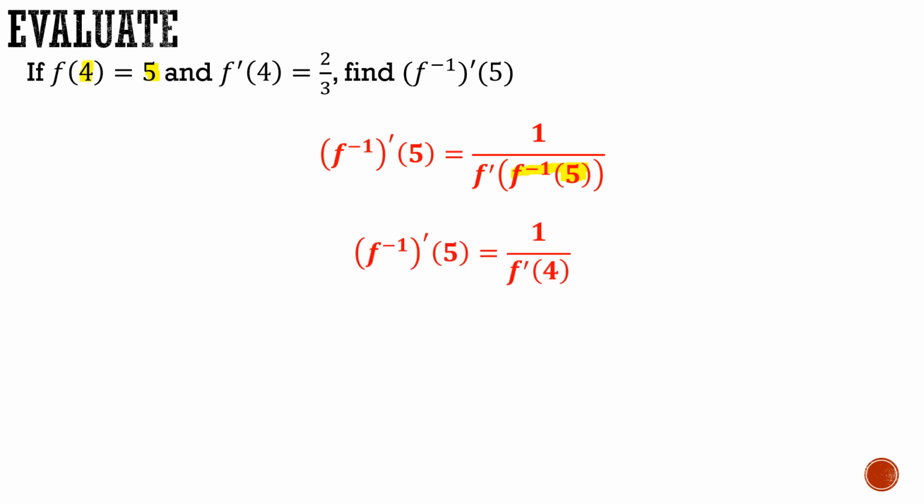And so I would end up with 1 over f prime of 4. Well, they told us that f prime of 4 was 2/3. And so if I take that 2/3 and plug it in, I get 1 over 2/3. We don't usually keep double fractions, so I would just clean that up by multiplying by the reciprocal, and so my final answer would be 3/2.